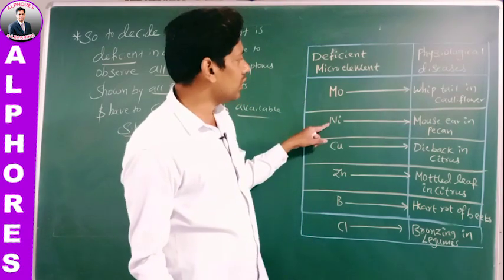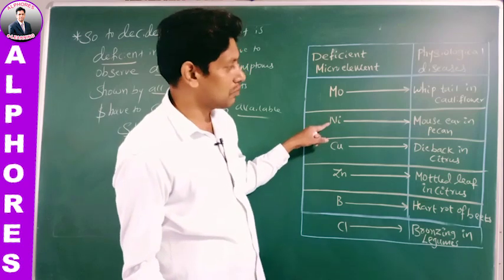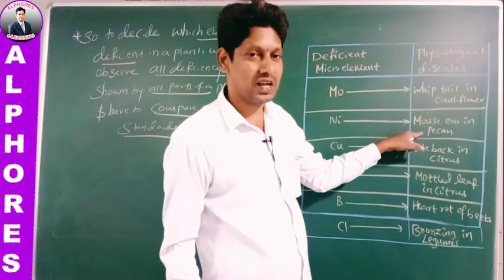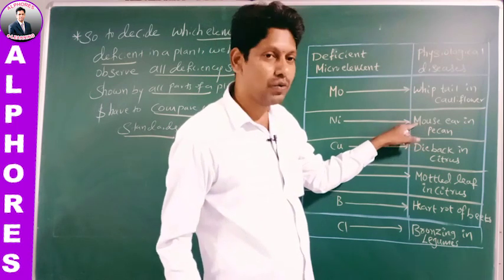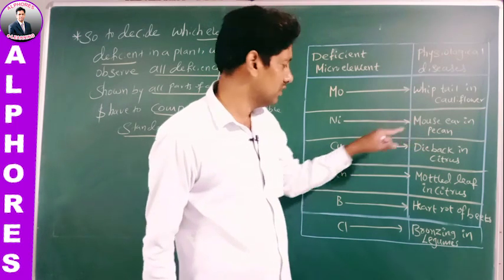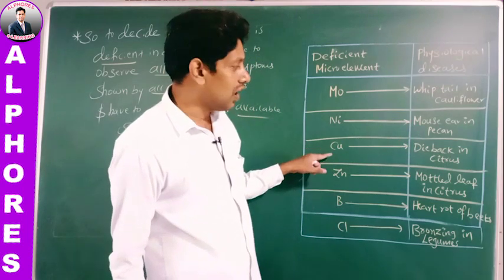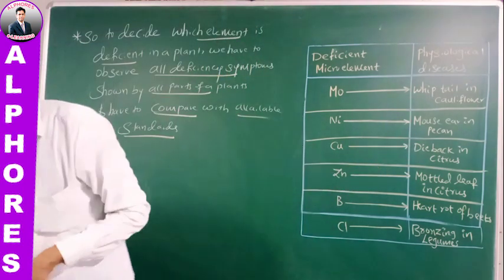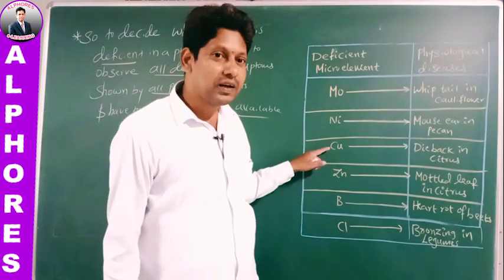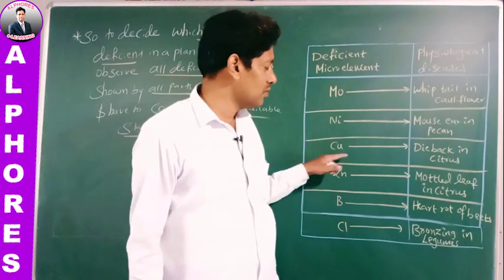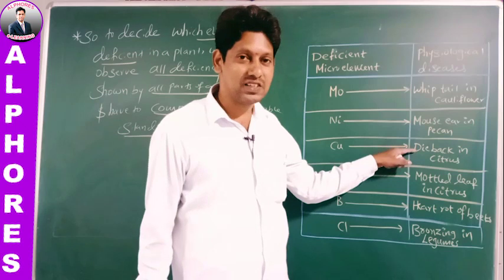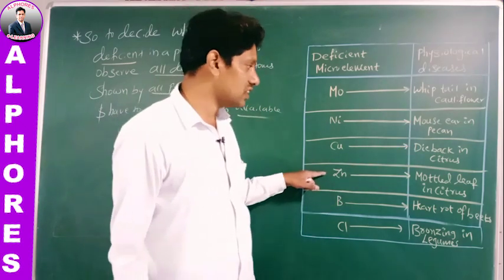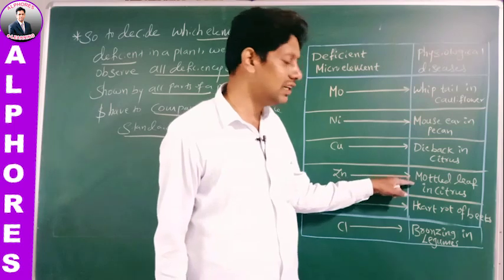If this micro element nickel is deficient, the plant suffers with mouse ear in pecan. Now go for copper. If copper is deficient, the plant suffers with dieback in citrus. If zinc is deficient, the plant suffers with mottled leaf in citrus.